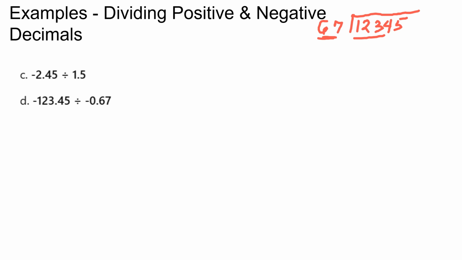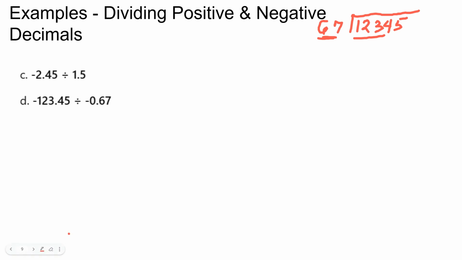So what is 123 divided by 67? That's what I meant by 3 digits versus 2 digits first. So what do we do?